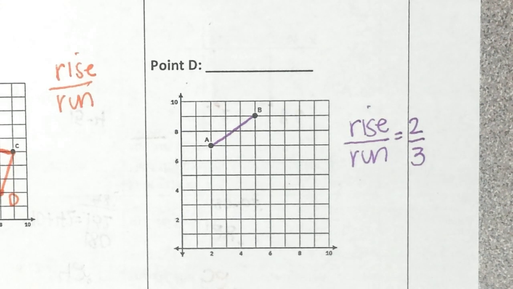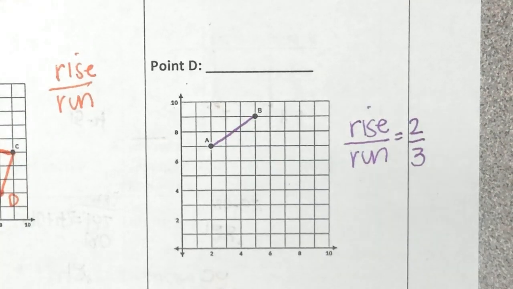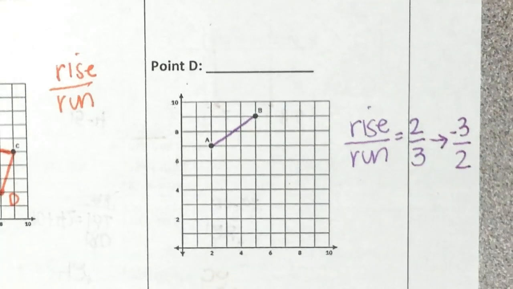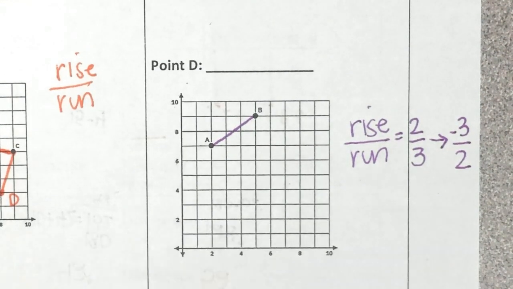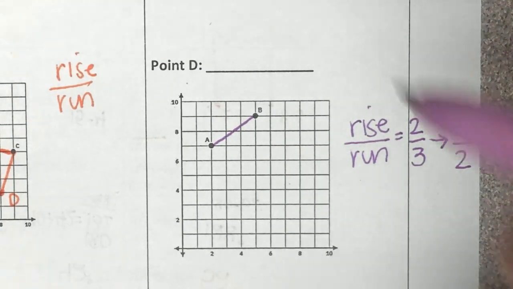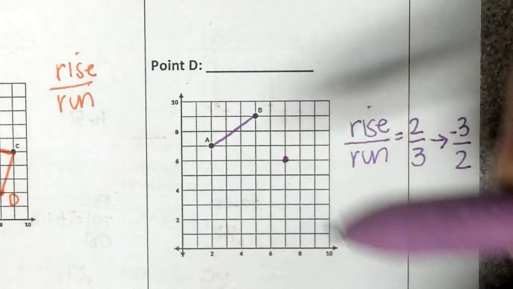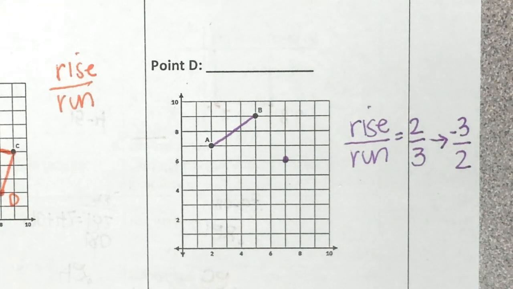And at the beginning of the year, what did we learn about perpendicular slopes? Opposite reciprocal. So to create the 90-degree angle, I'm going to go down 3, right 2. Some of you can just turn your paper and do it. That's fine.